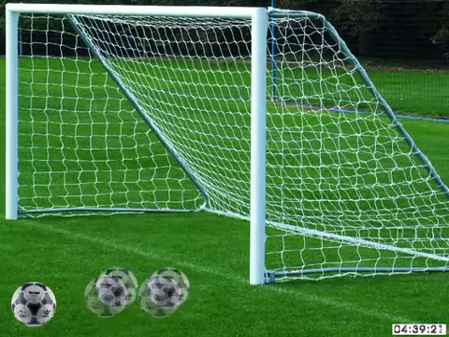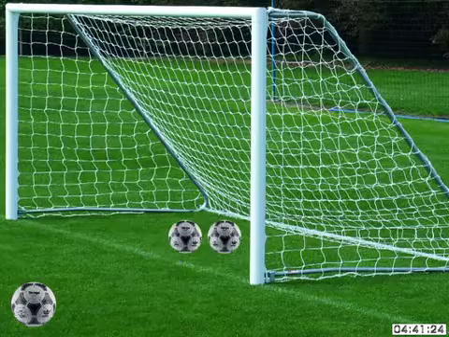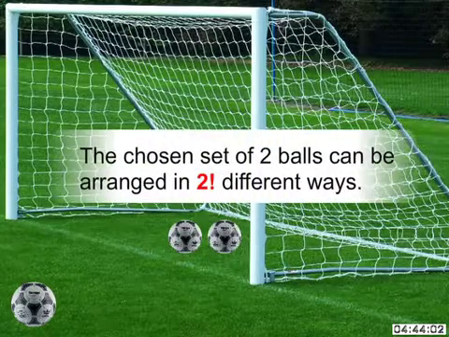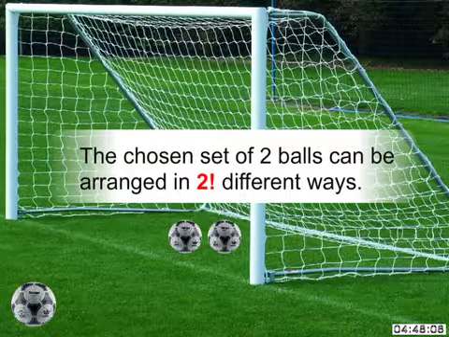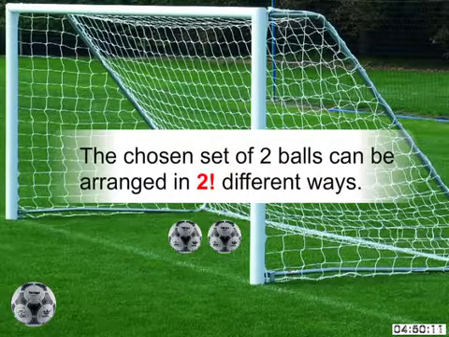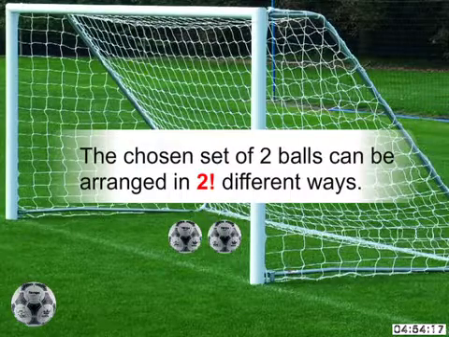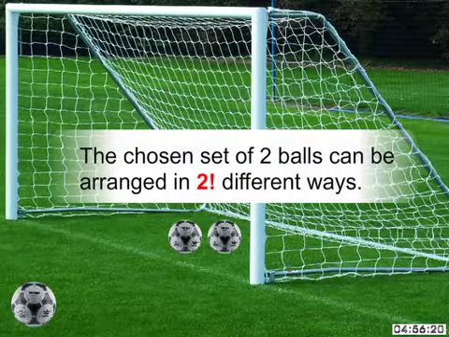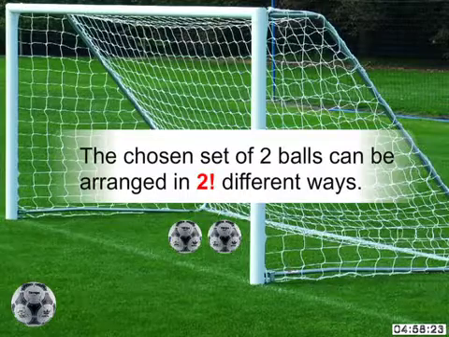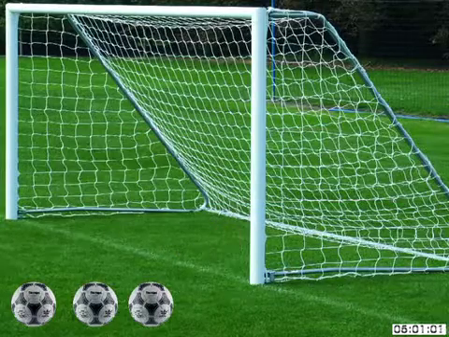Consider the case of choosing two balls out of 3 available balls. There are a total of 6 permutations when we select 2 balls from the 3. Also, the chosen set of 2 balls can be arranged in 2 factorial different ways. On the other hand, each such set represents the same combination.